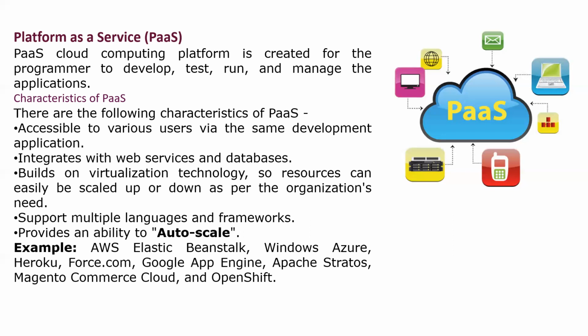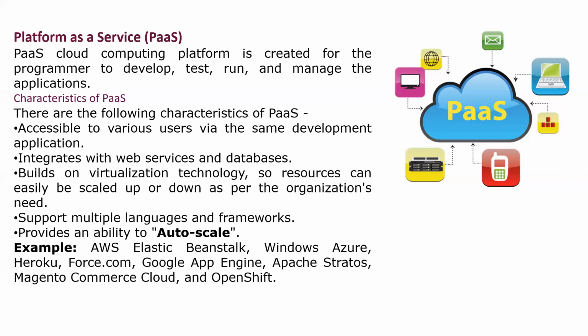All these things are provided as a platform to the user, and the user can easily develop their programs or applications using these platforms. As you can see here, some of the characteristics of PaaS are that they are accessible to various users via the same deployment application. It integrates with web services and databases.